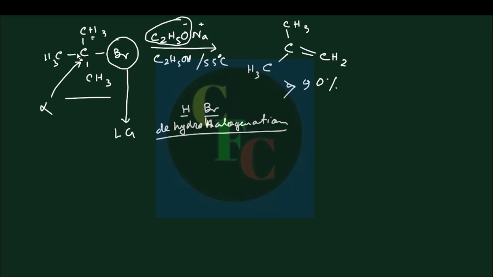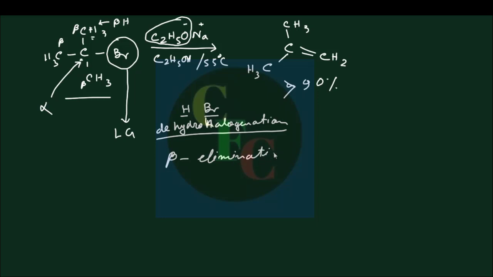The carbons adjacent to the alpha carbon are called beta carbons. So we have 3 beta carbons. The hydrogens that are removed from the beta carbons are called beta hydrogens. We have 9 beta hydrogens, and only one is removed from here. As the hydrogen that is removed is a beta hydrogen, this kind of elimination is often called beta elimination.